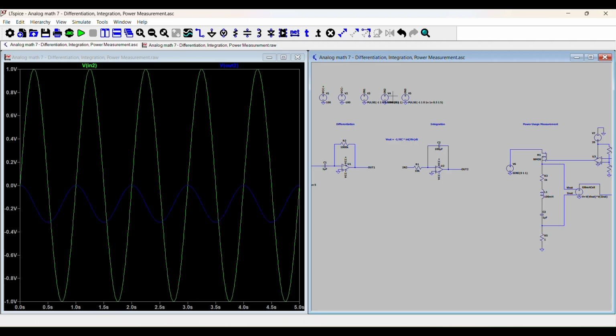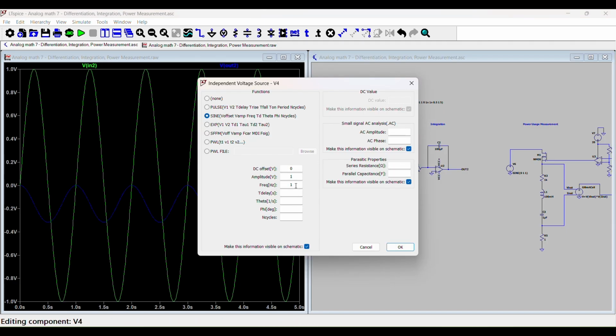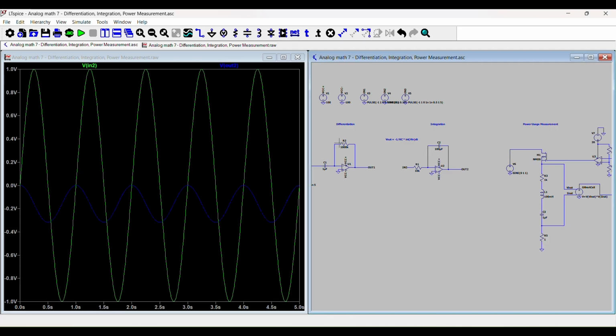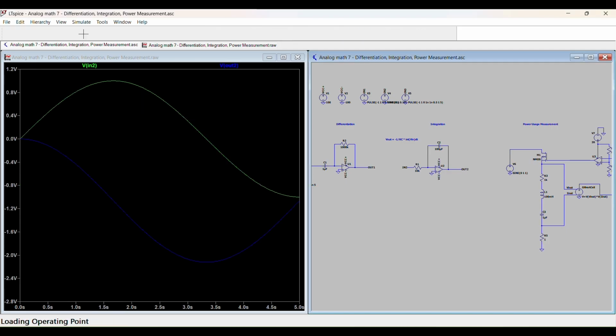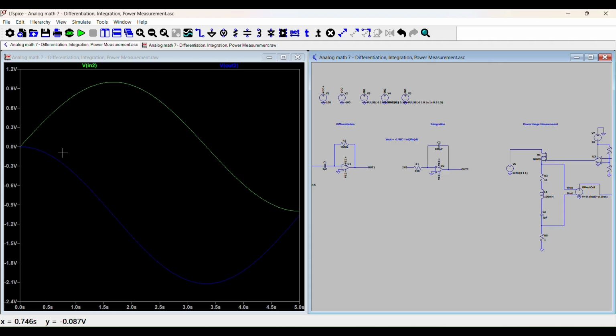We have our sine wave here, and if we set the frequency to 1 over 2 pi, which is 1 over 6.28, approximately 0.15 in terms of frequency, and run that, you can see now our cosine wave is very close to 1 volt amplitude.